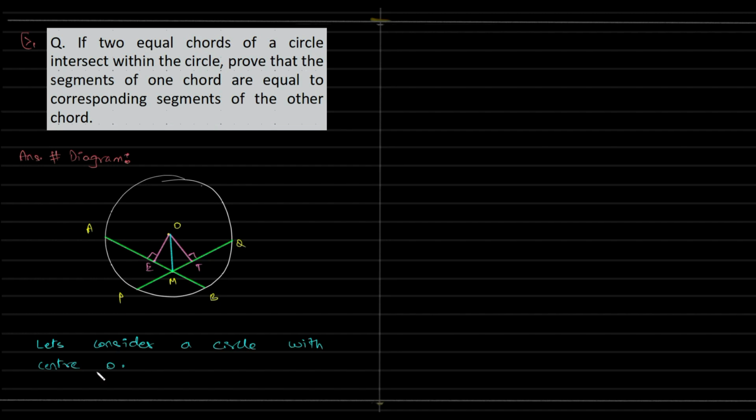AB and PQ be the two equal chords intersecting each other at M. Right?